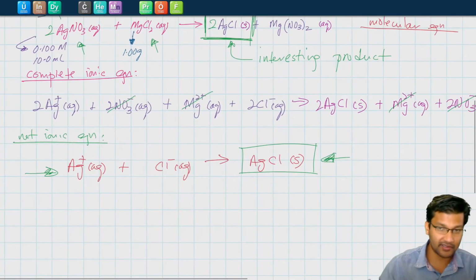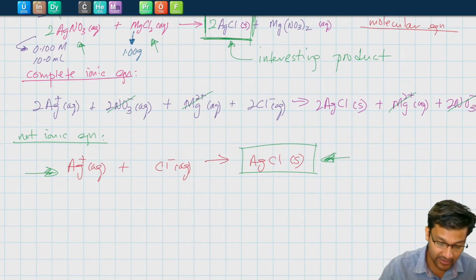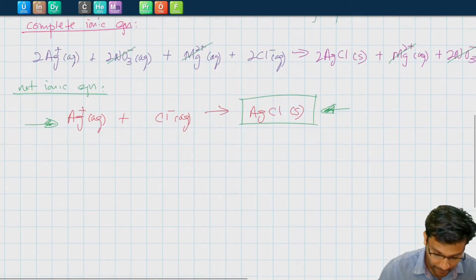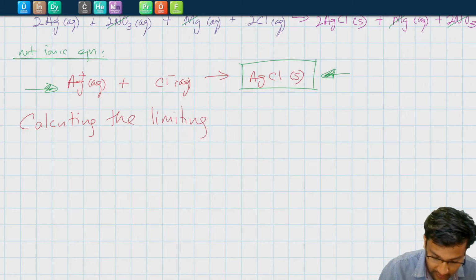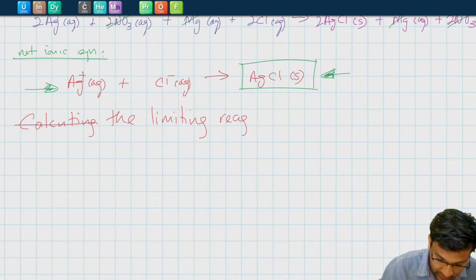So one of the starting solutions will typically get used up first. So let's look at how we figure out which one gets used up first. The one that gets used up first is called the limiting reagent. So let's find which one it is.